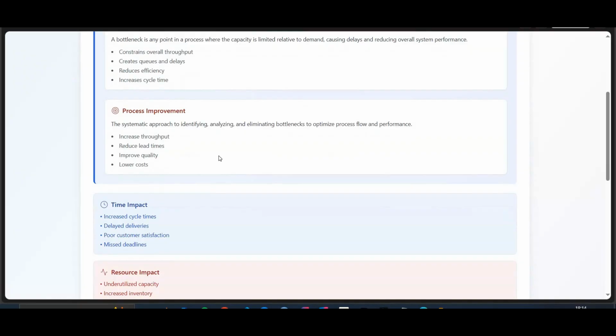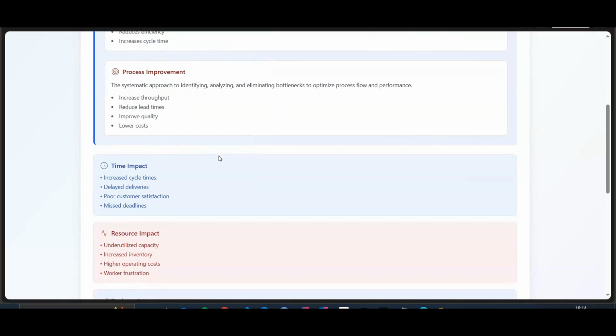And let's pause for a moment. What actually happens if we don't tackle these bottlenecks? Well, from a time perspective, cycle times stretch out, deliveries get pushed back, and customers start losing trust because their expectations are not met.